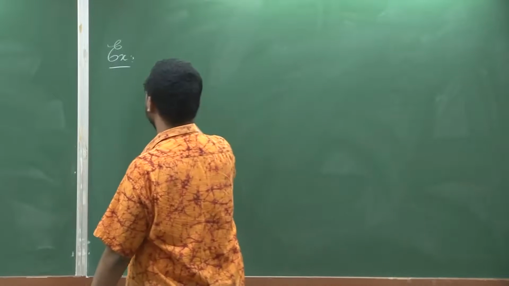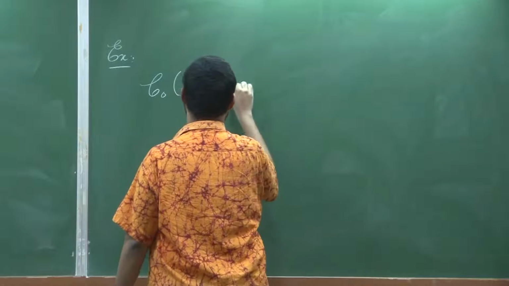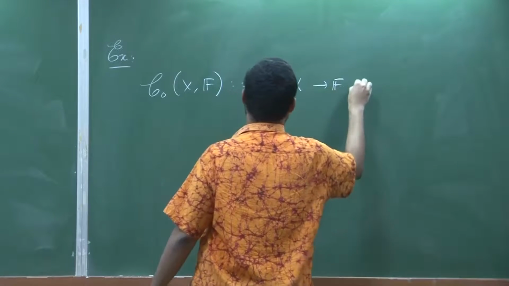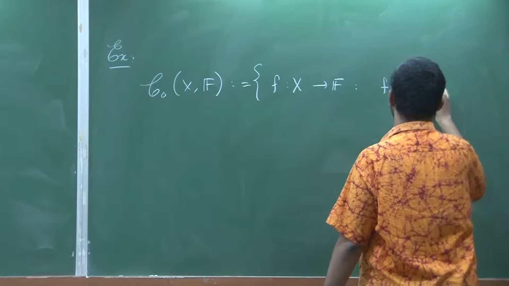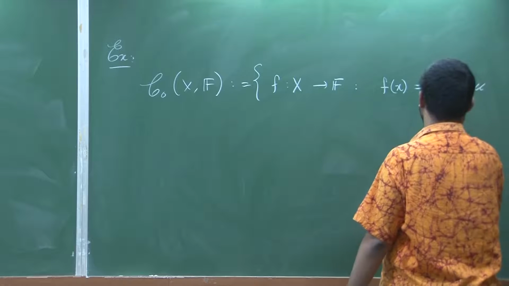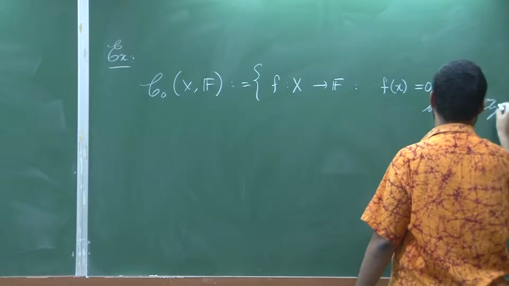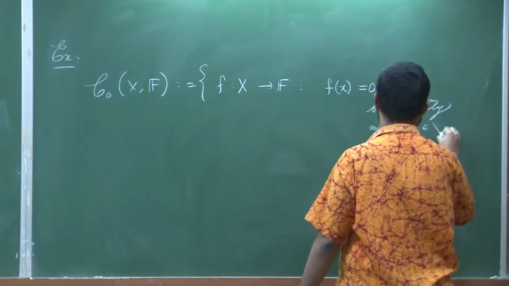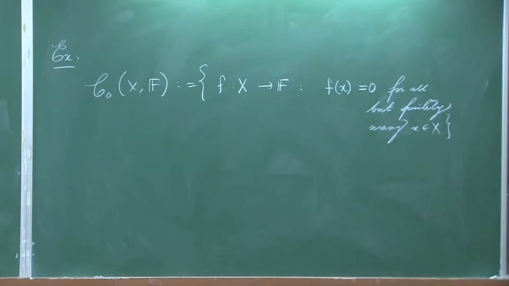I will consider only those functions f such that f(x) equals 0 for all but finitely many x in X. So this is a subset of C^X_F.